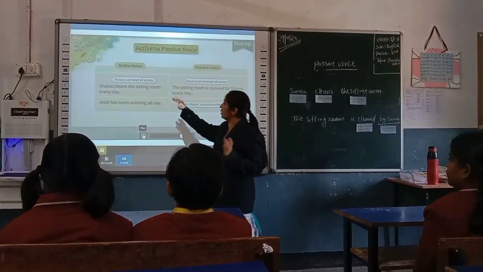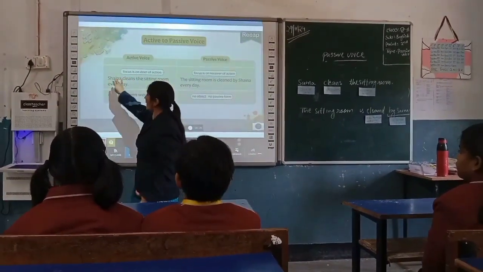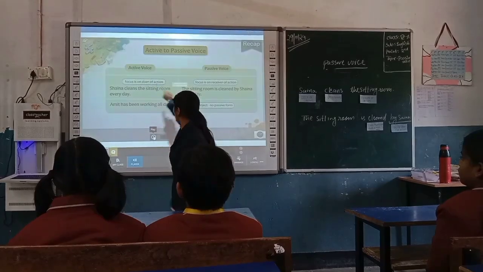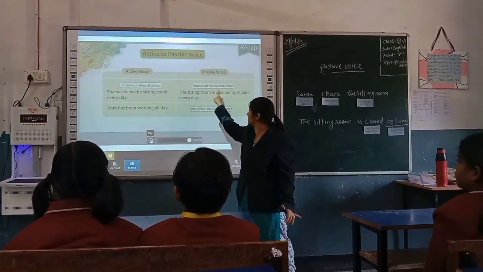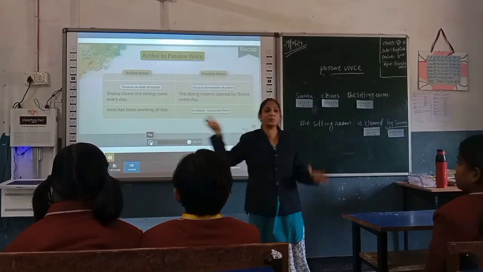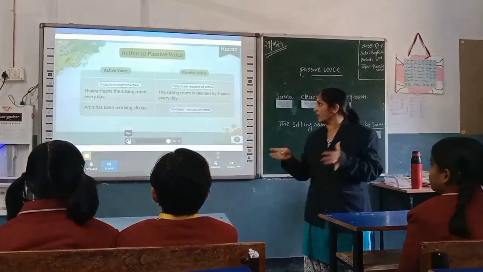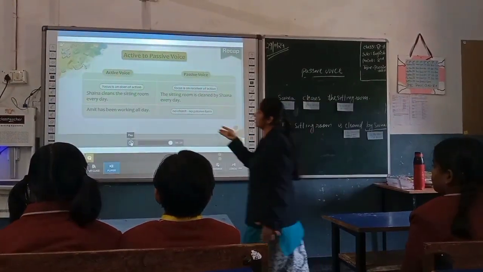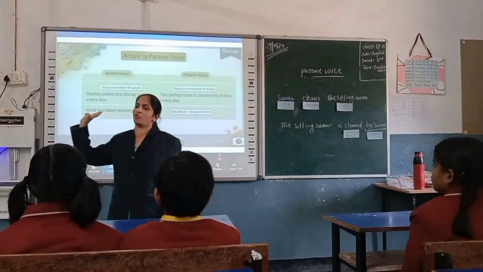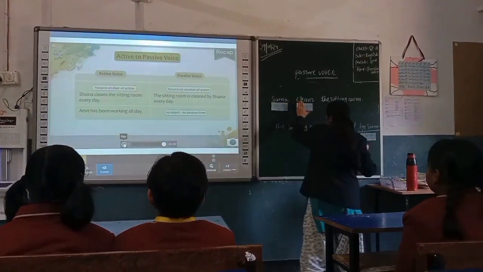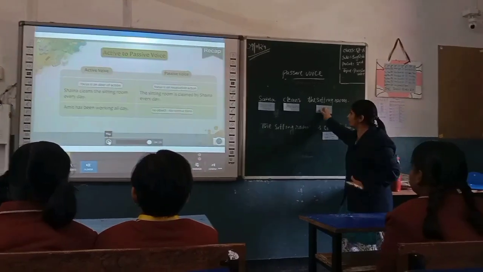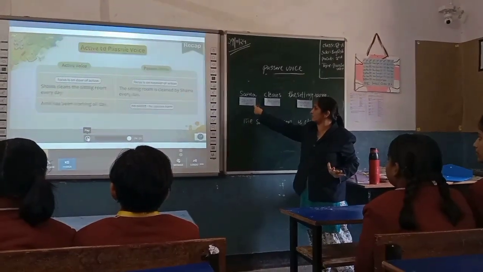In the active sentence, we focus on the doer of the action. And when it is a passive voice, the receiver of the action is being focused. And if there is no object, it cannot be changed into passive voice at all. So let us see here. I have already arranged: the signer cleans the sitting room. Where is the doer of action? The signer.